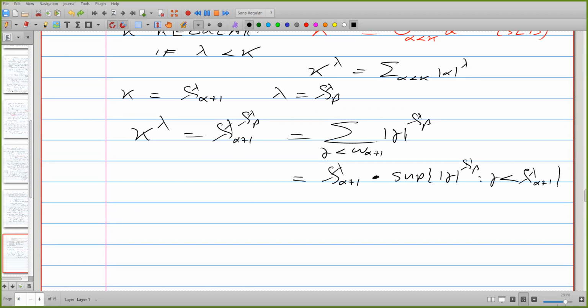This is the supremum of all those powers, but we know what the supremum is. The supremum is a maximum, because this supremum is simply Aleph alpha to the Aleph beta. The maximum cardinality below Aleph alpha plus 1 is Aleph alpha. So in the end, we get Aleph alpha to the Aleph beta all the time.